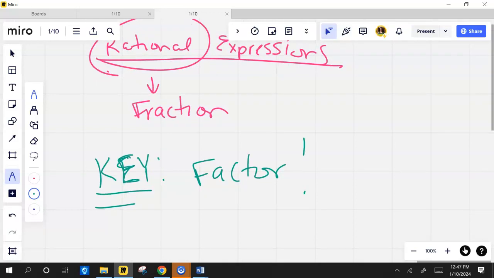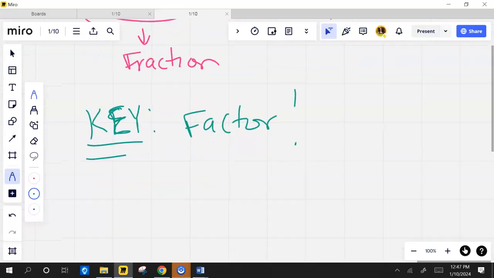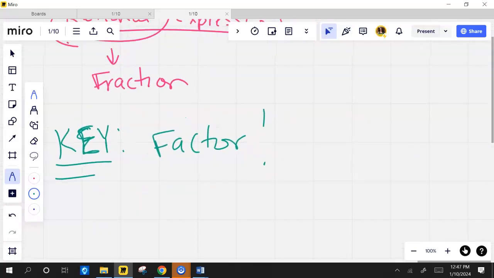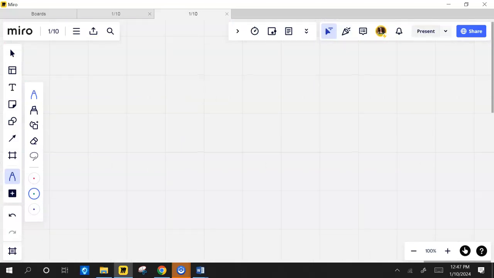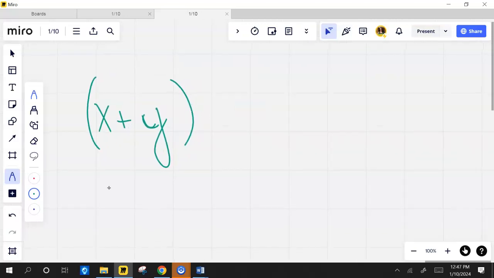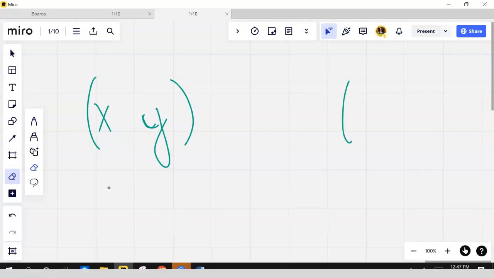Before I get into examples on simplifying and everything else, let me show you this. And Logan, this is kind of the question you were asking, but I think you got it answered now. If I have x plus y, and then I have, let's make this x minus y.